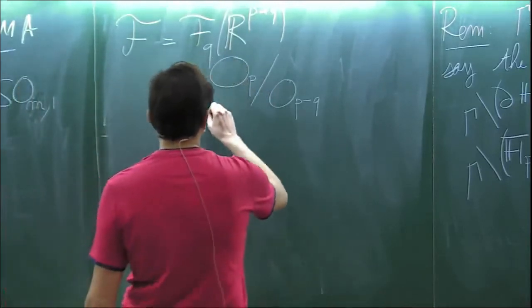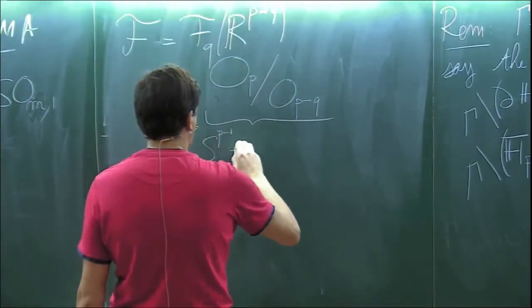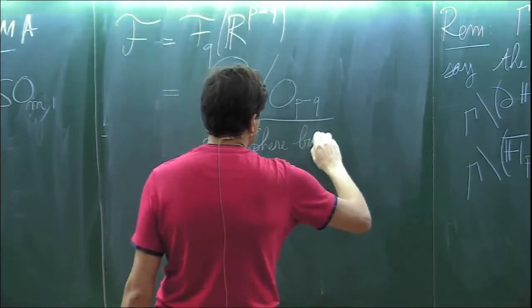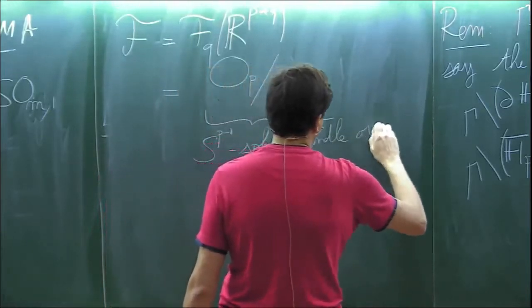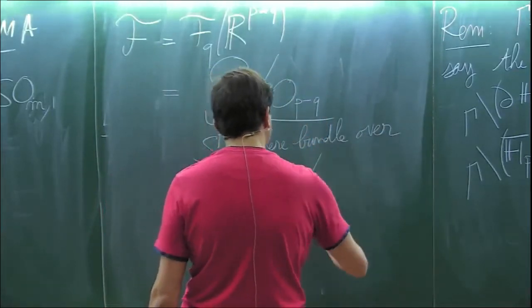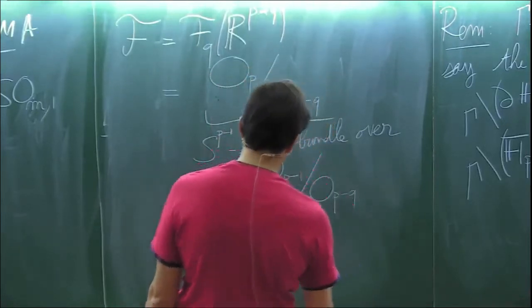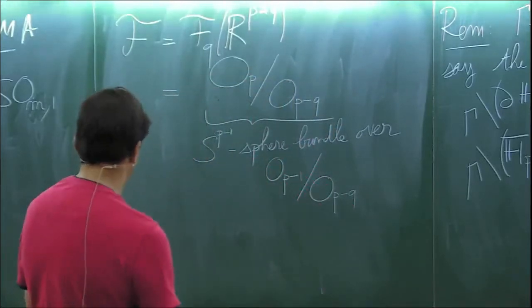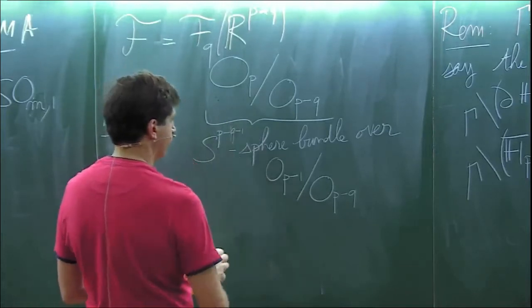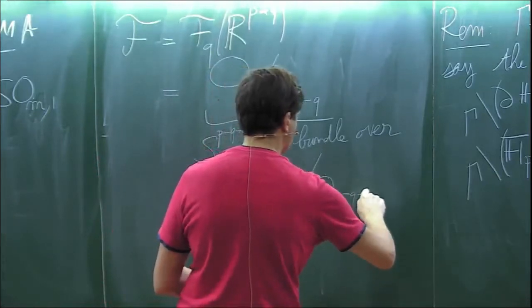Okay, but this is an S^(Q minus 1) sphere bundle over O(P) over O(P minus Q plus 1).